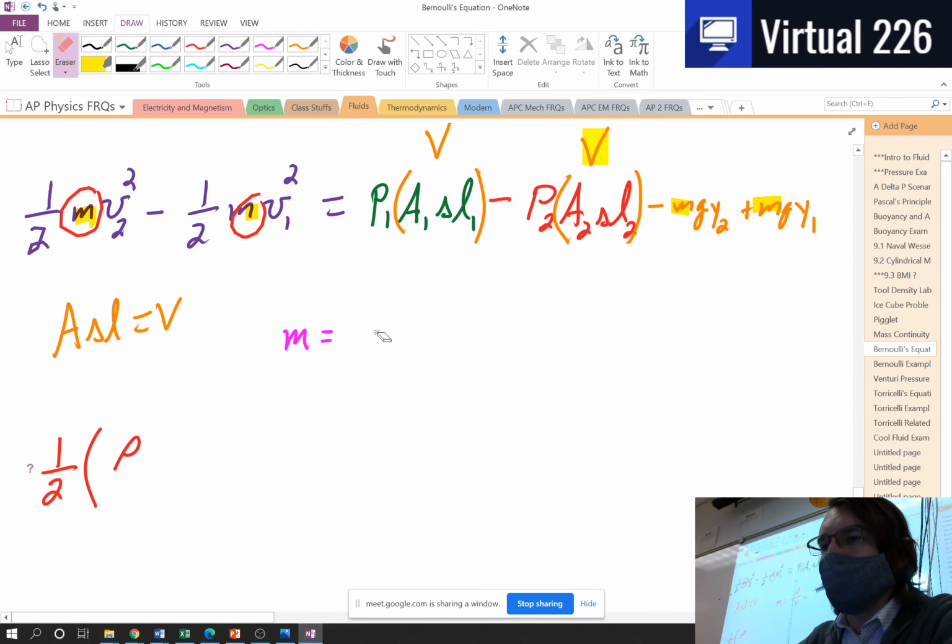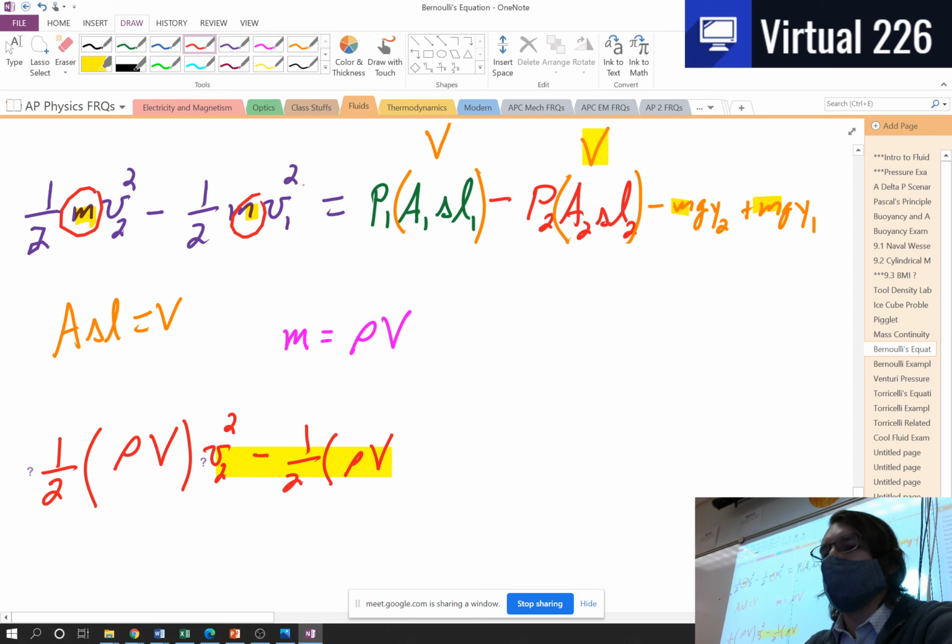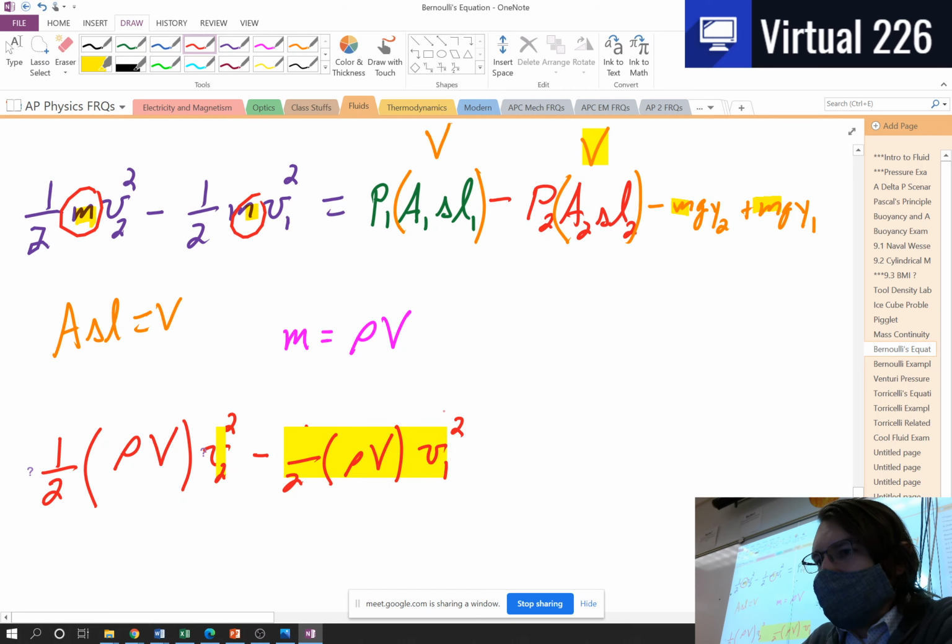I see an error right here. Density equals mass over volume, so mass equals rho v. Woof. So we're going to get rho v here times v2 squared minus 1/2 rho v times v1 squared.